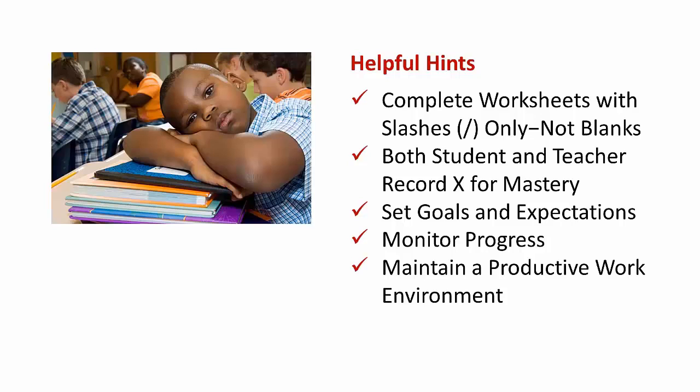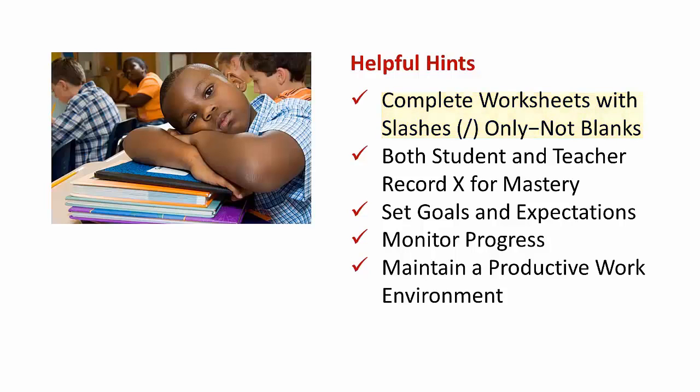Tell students to begin with the lower numbered grammar, usage, and mechanics worksheets, and to complete only those worksheets indicated by slashes. Tell them that they won't receive credit for completing worksheets without slashes, because they have already mastered those language convention components.